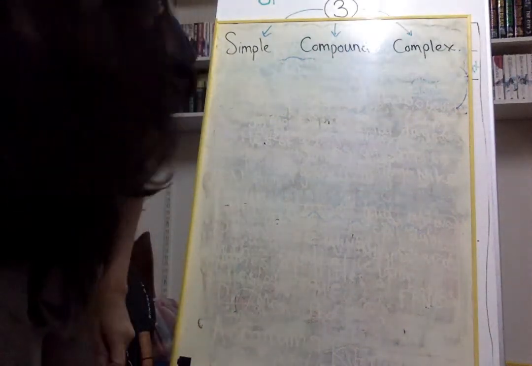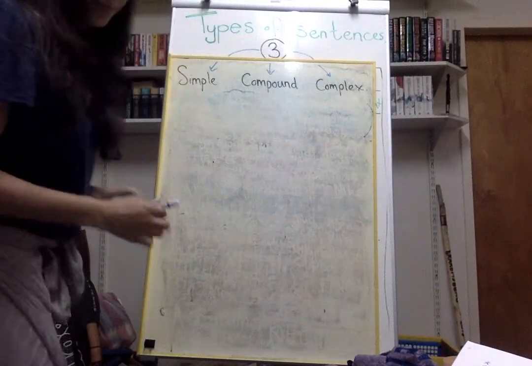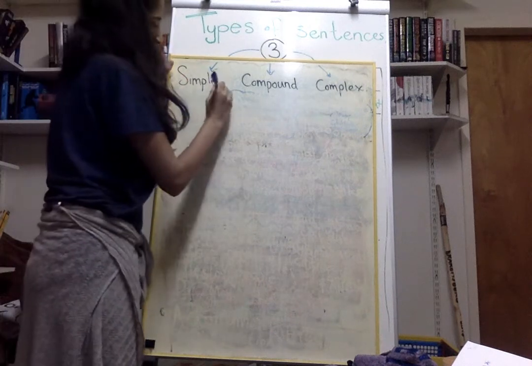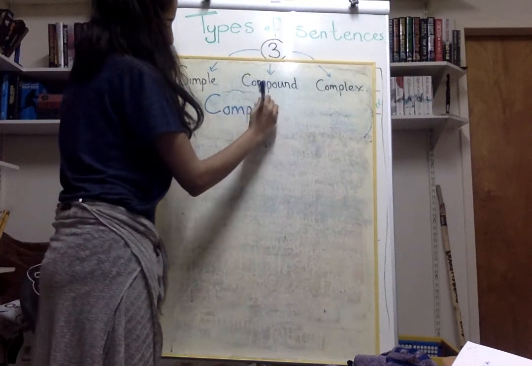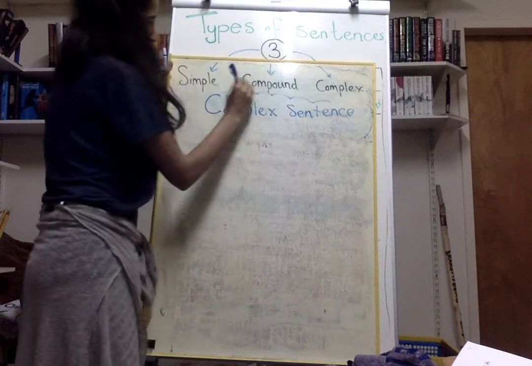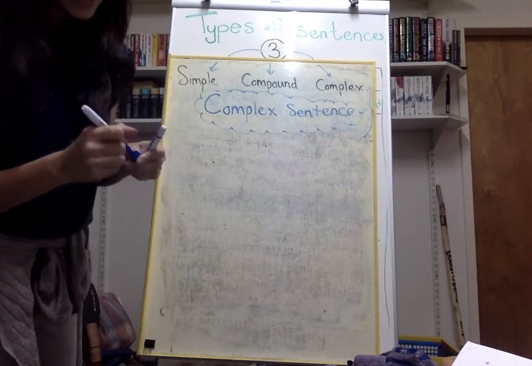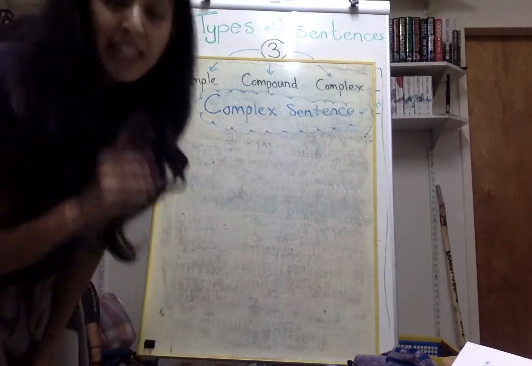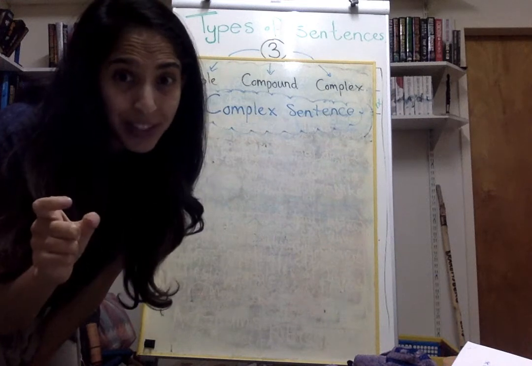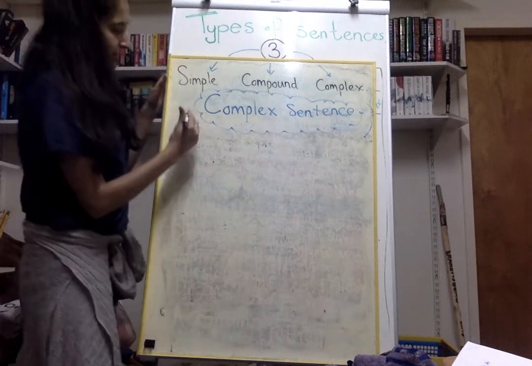Complex sentences. A complex sentence is an independent clause and a dependent clause that's joined by a subordinating conjunction. Let's write that down.